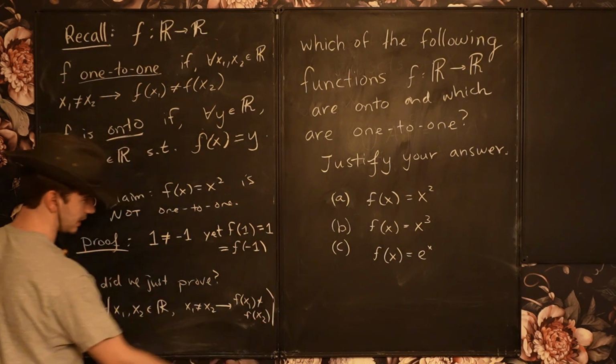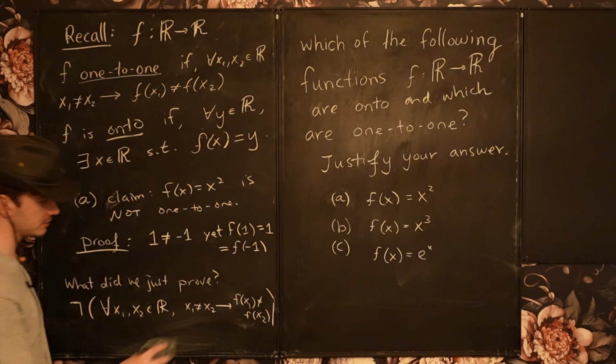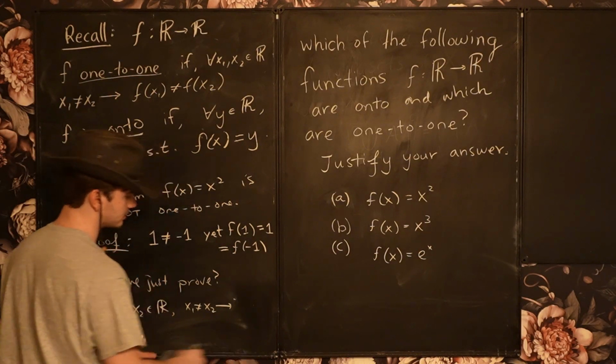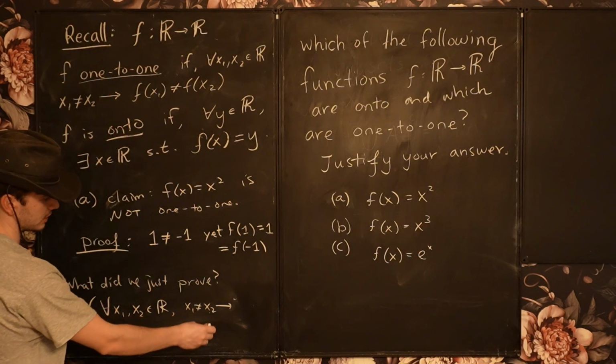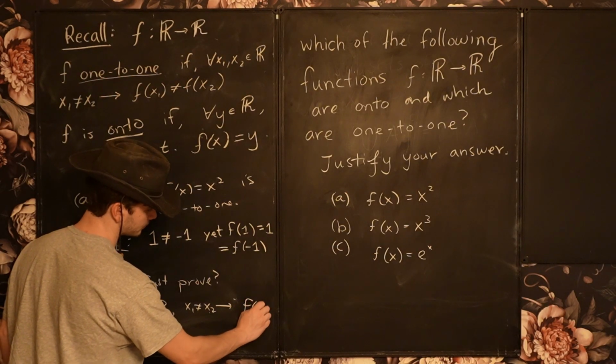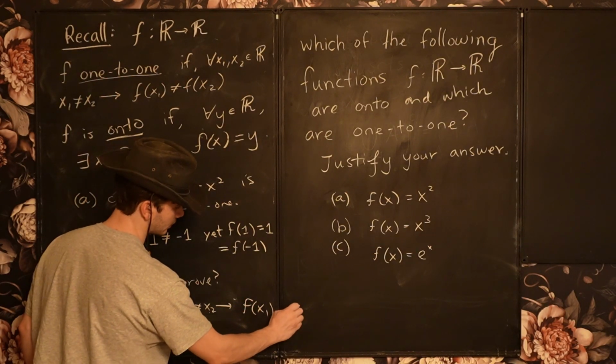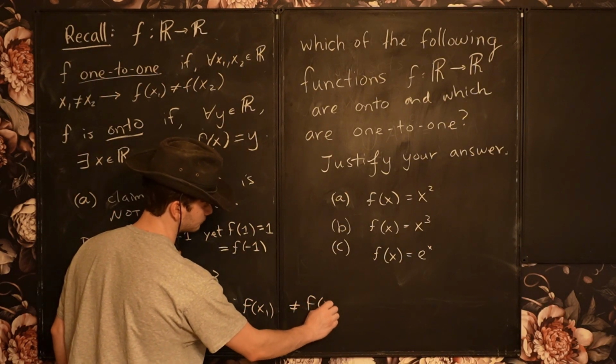Sorry, I'm kind of running out of space on the whiteboard. Oh wait, I can just use my other whiteboard. Okay, let's see that: x1 not equal to x2 implies that f of x1 is not equal to f of x2.